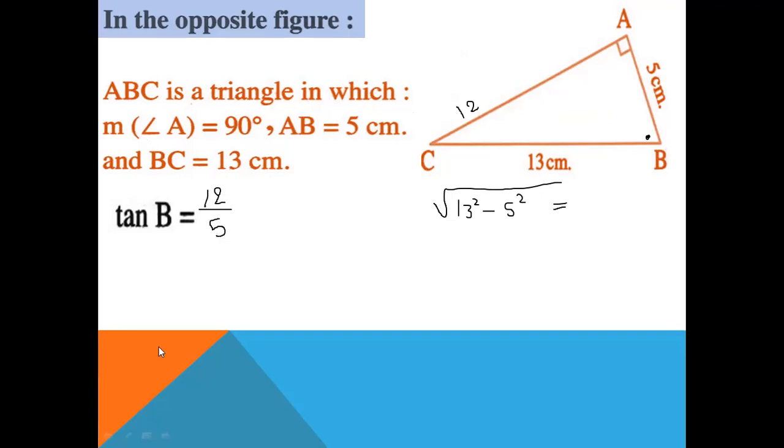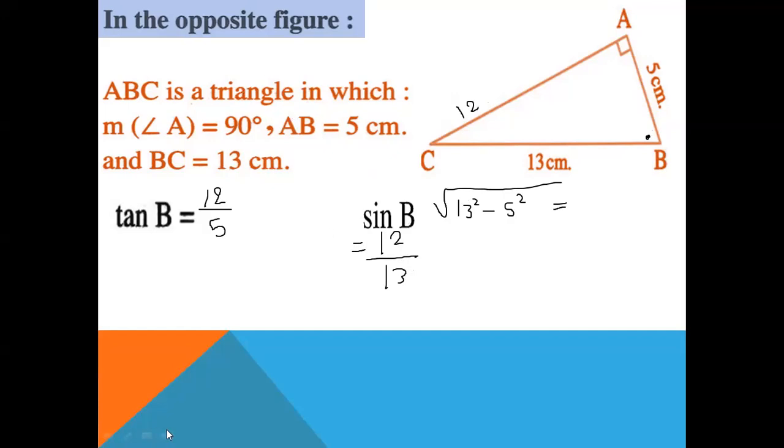Another one. Sine B. Who can tell me sine B? This is B. Sine is su, so it means opposite and hypotenuse. This is the opposite and this is the hypotenuse. Then the answer will be 12 over 13, opposite over hypotenuse.